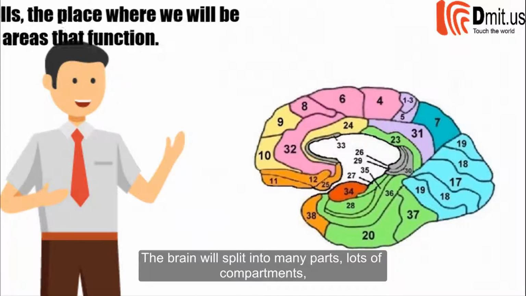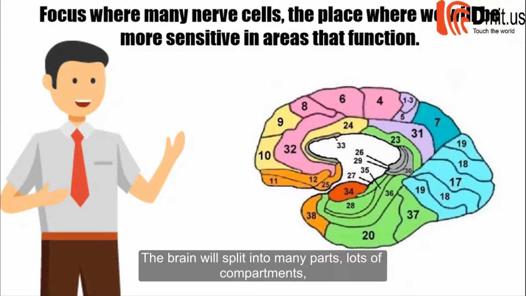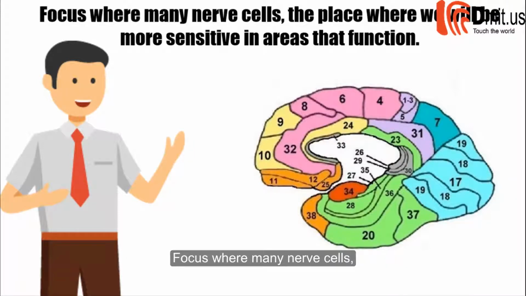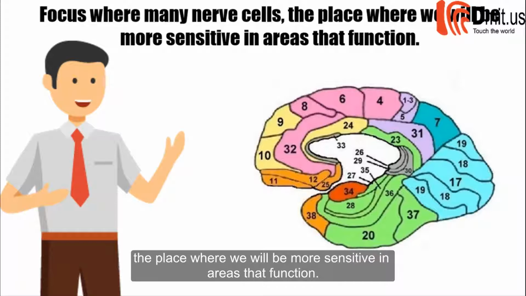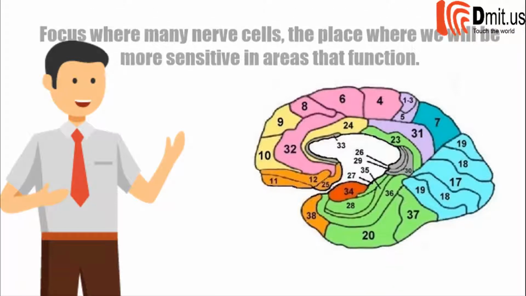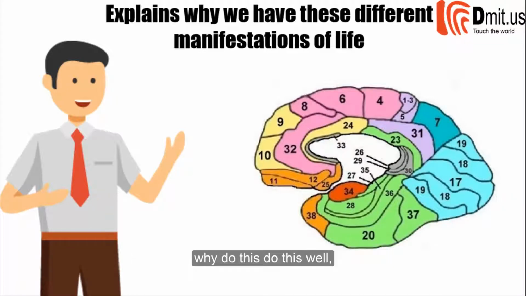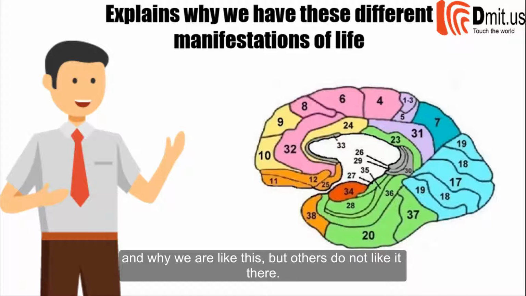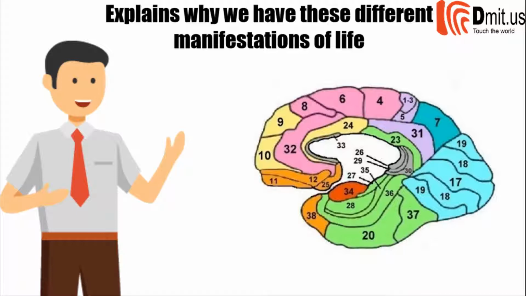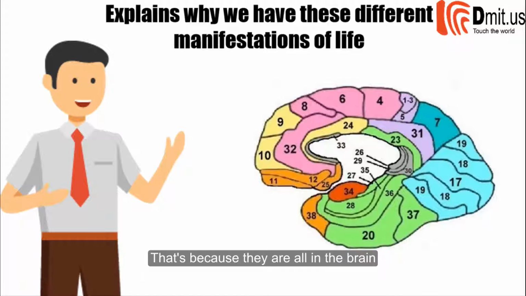The brain is split into many compartments, and each compartment performs a certain function. Where many nerve cells are focused, we will be more sensitive in that function. That explains why we have these different manifestations in life: why you do this well, another does that well, and why we are like this but others are not. That's because of the brain.